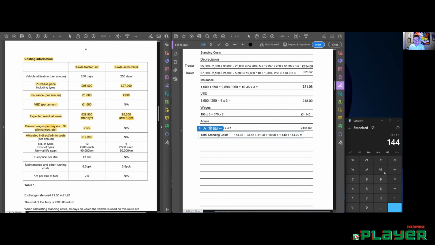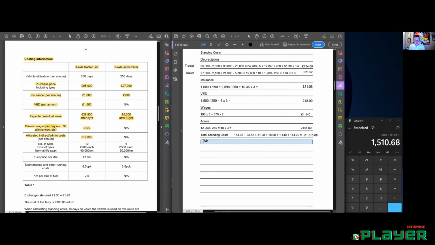So my total standing costs will total to 1,140 plus 18 plus 3,108 plus 2,352 plus 15,408. Jot it in there. £1,510.68. That's my total standing costs for the round trip, there and back.